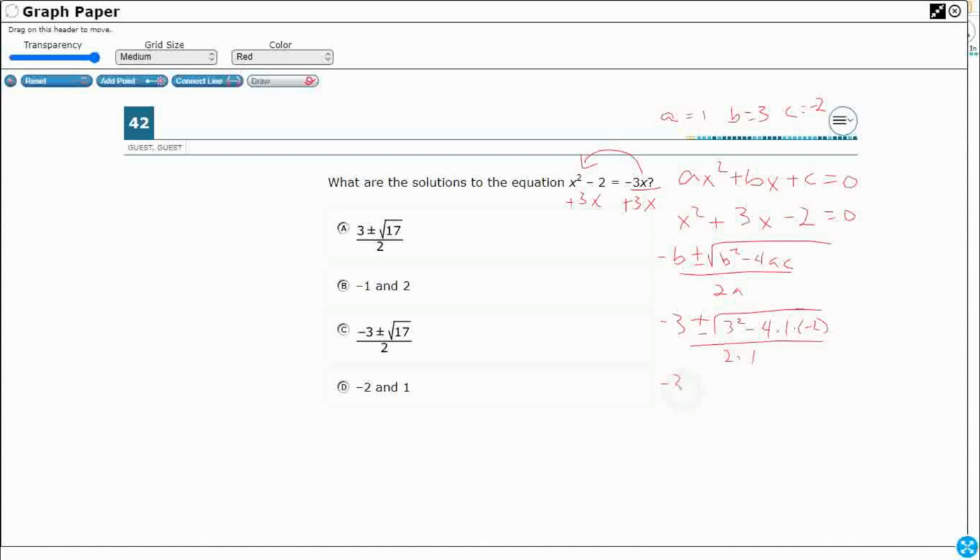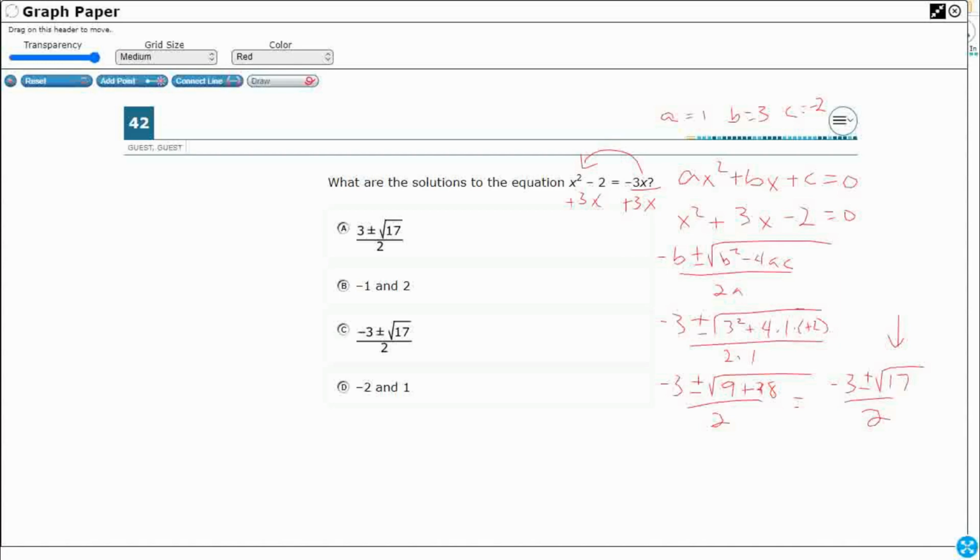All right, so -3 plus or minus square root of 9, and then we've got a plus 8 over 2. Let's make that 8 rather than 18, so that's going to be -3 plus or minus square root of 17. Now that's weird because typically you want that to be a perfect square. So I got -3 plus or minus square root of 17 over 2.